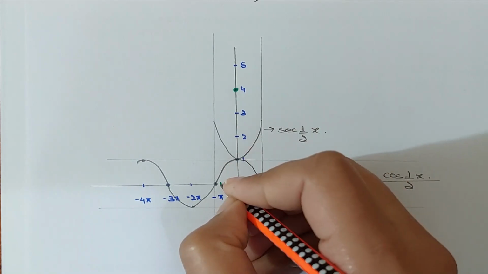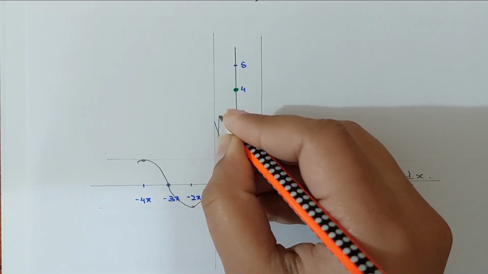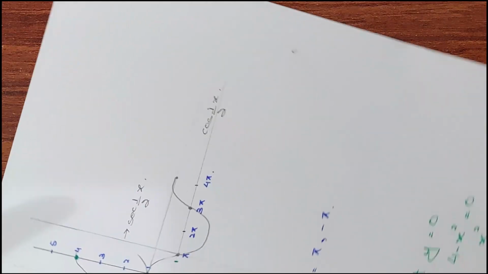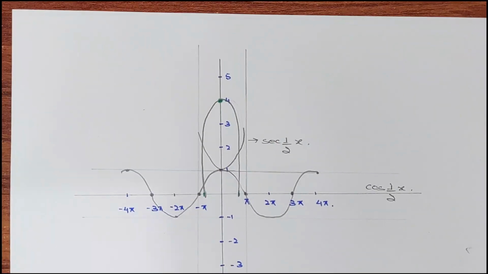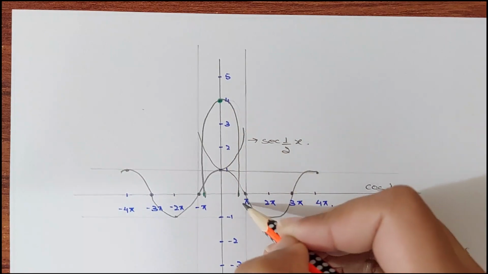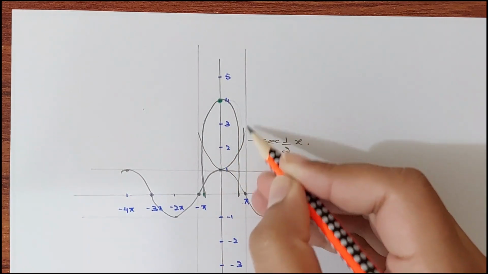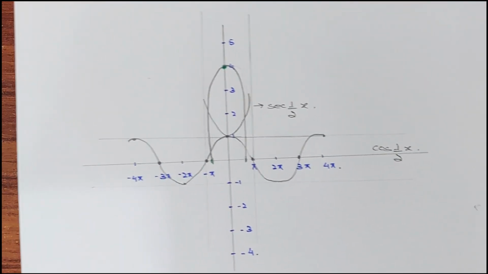So let me connect the points, passing through the y-intercept. Okay, this is the curve for the parabola, and this is the sketch for secant half x, right?